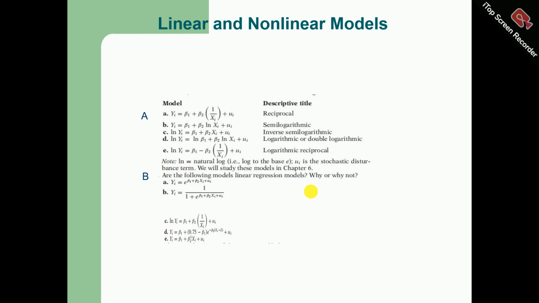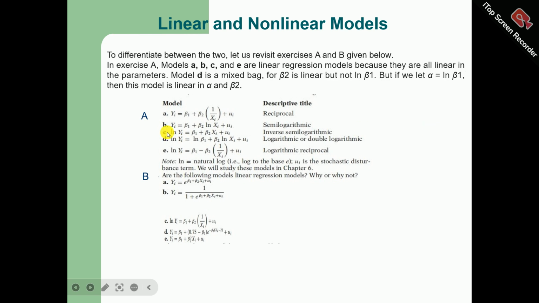So, if you look at these models, some of these models may look non-linear at first sight, but if you consider them with attention, then they may be intrinsically linear. So let us start with this section A. To differentiate between the intrinsically linear and intrinsically non-linear model, let us consider these two exercises from the Gujarati book, chapter 2.